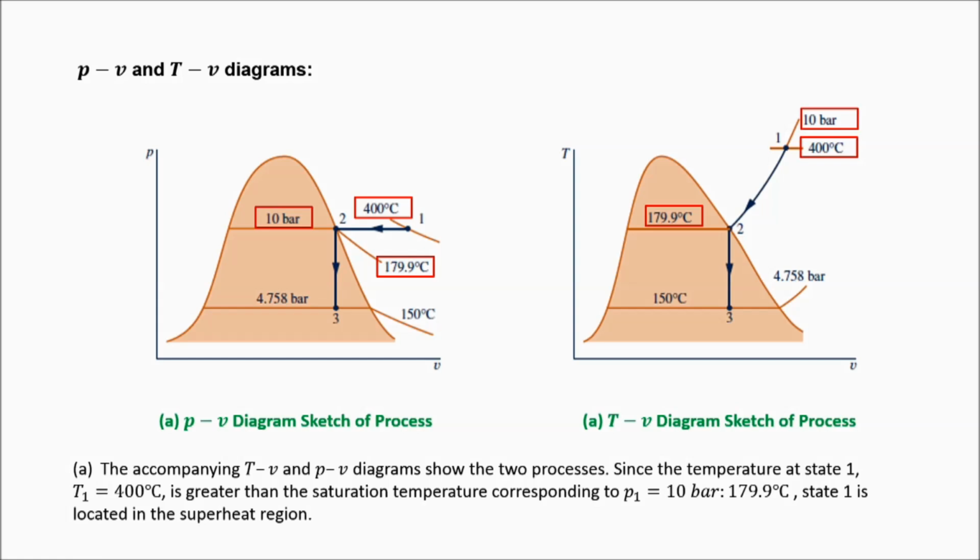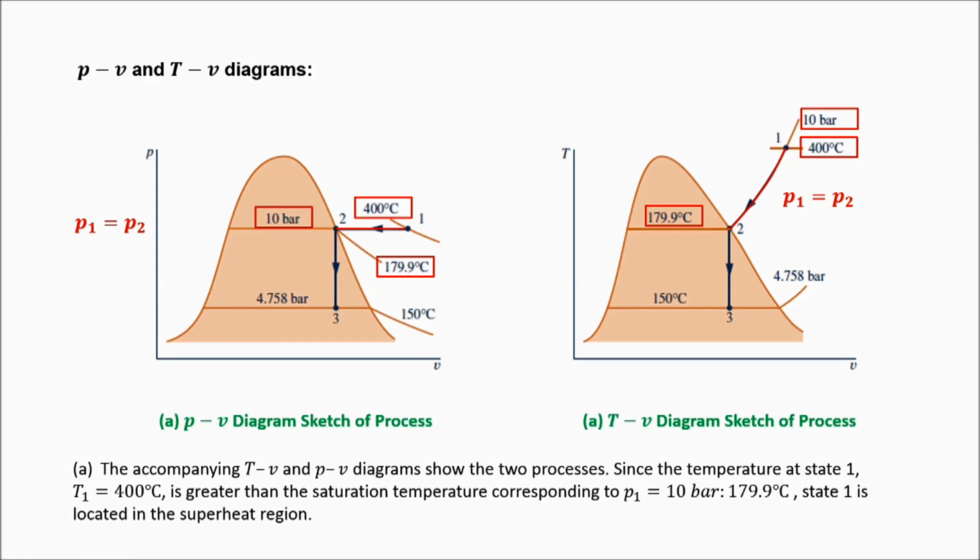The process from 1 to 2 is a cooling at constant pressure, hence P1 is equal to P2, represented by a horizontal line on the PV diagram, and along an isobar on the TV diagram until we reach state 2 on the right edge of the vapor dome for saturated vapor state.